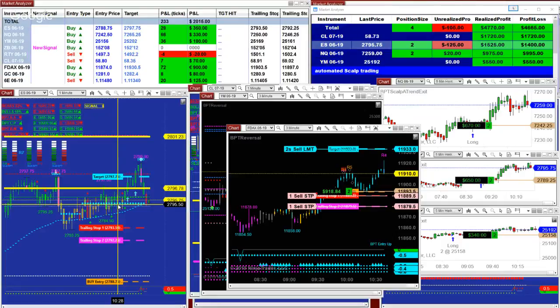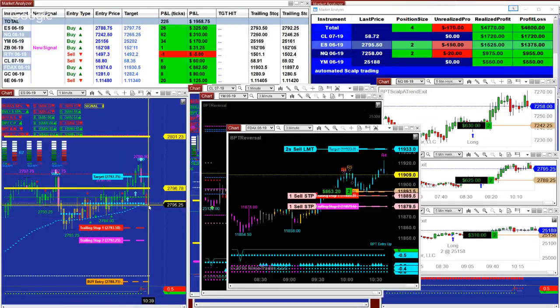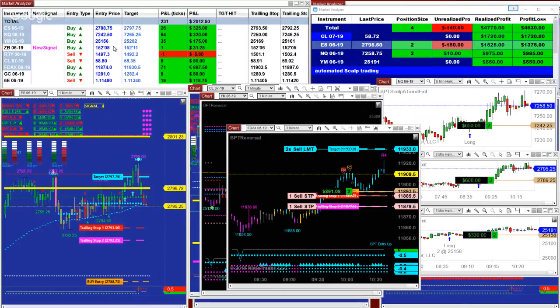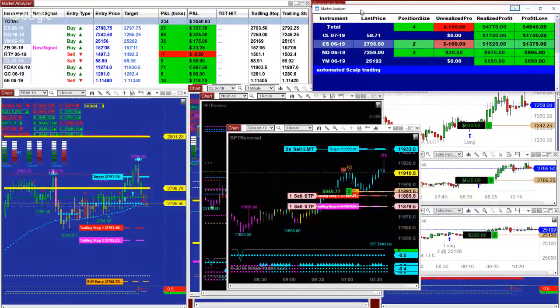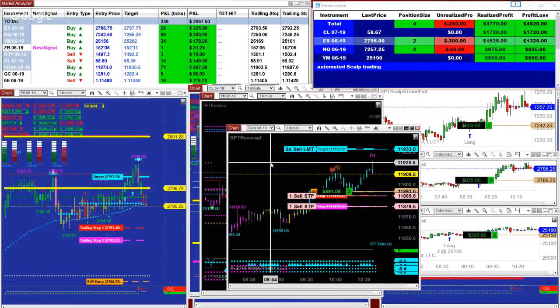If not, we have a new signal on the 30-year Treasury bond, and this is an impact. It's going to come on that level. We have a new signal, buy at 15208, and that is going to push the ES down.